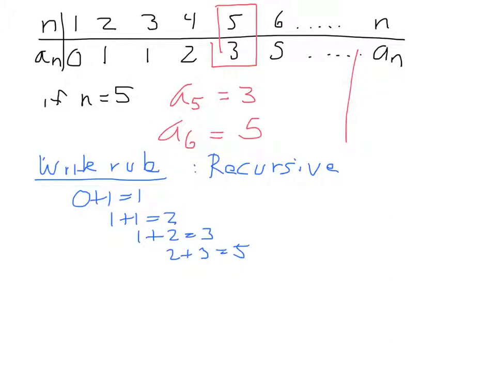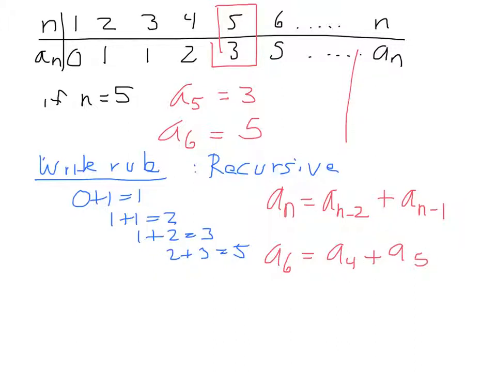Now, the rule to get the nth term in the Fibonacci sequence is the sum of the two preceding terms. So we would take the term 2 spots below, which symbolically is a sub n minus 2, plus a sub n minus 1. Therefore, if we were going to get the sixth term in the Fibonacci sequence, it would be a sub 4 plus a sub 5.